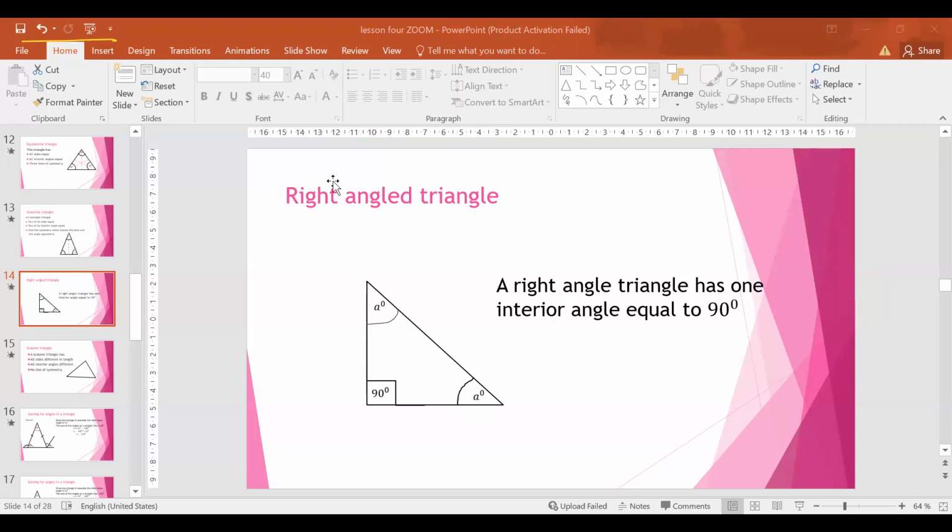It's not always going to be 45 and 45, on condition that they are equal. Yes, on condition that they are equal, because this says angle A and angle A, meaning they are the same. It can change depending on the dimensions of the lines. Exactly. All right. Thank you.